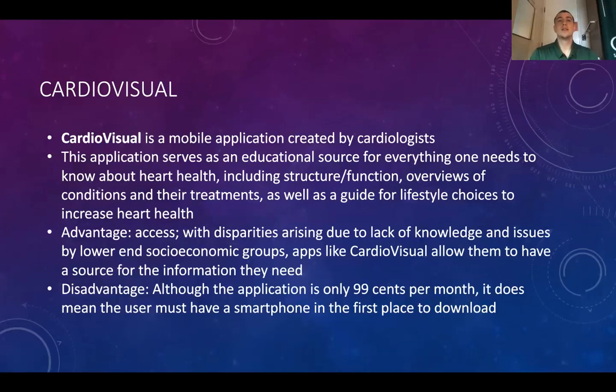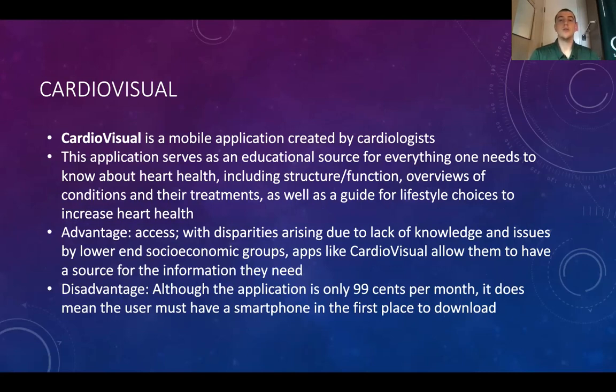So other than telemedicine, there's also just the utilization of a lot of apps on mobile devices that are successful in helping people in heart health. Cardiovisual was an app that I wanted to shed light on, and more than being an assessment tool, it's an educational source for heart health.